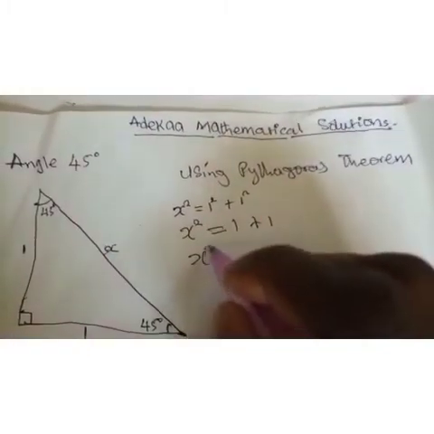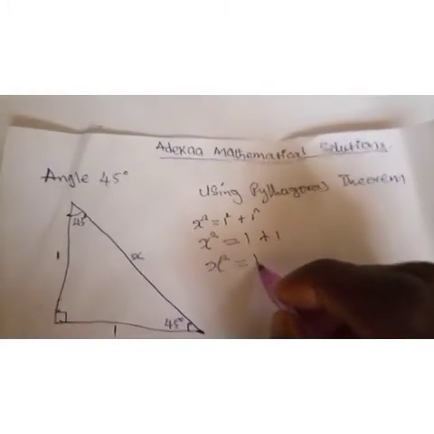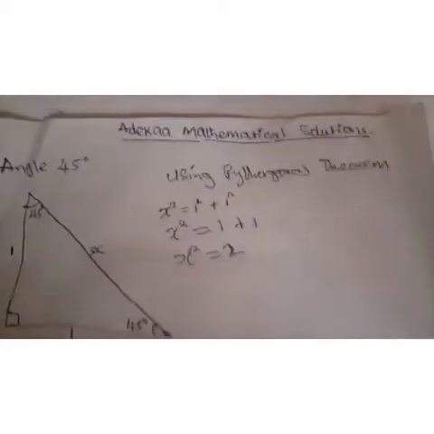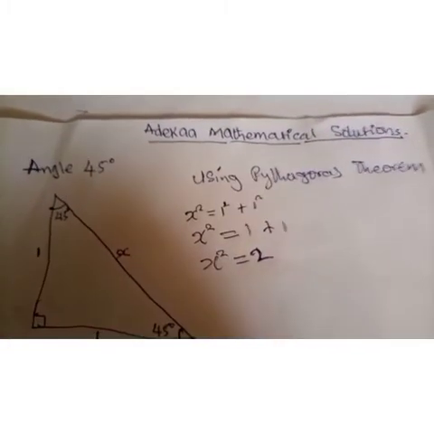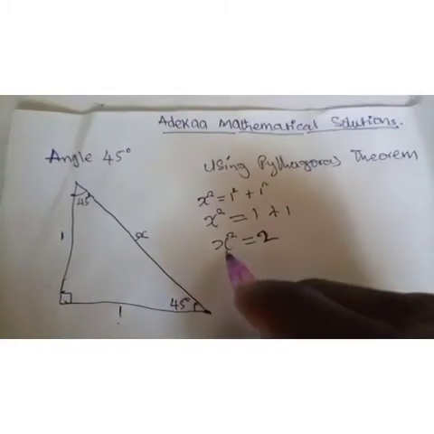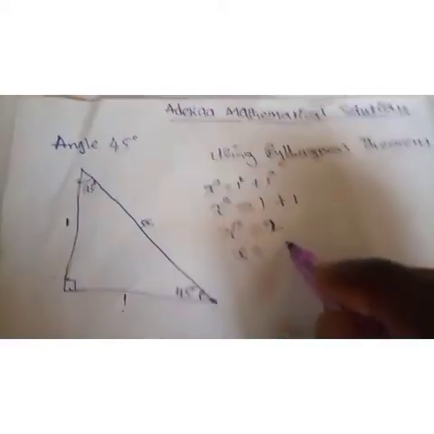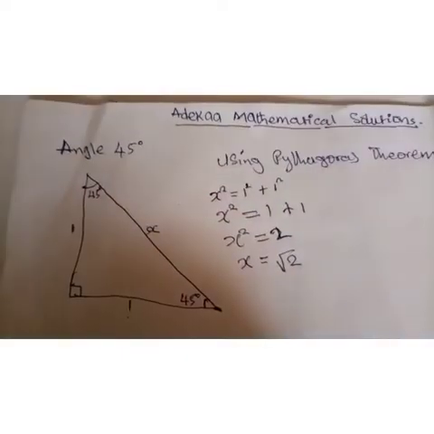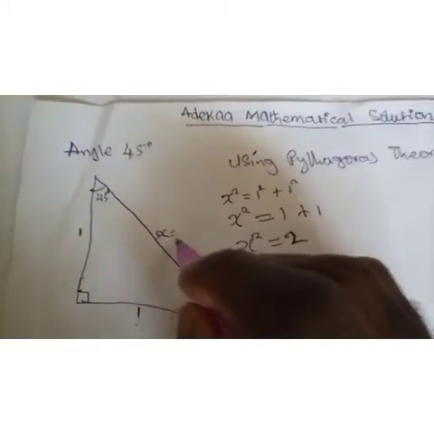So our x square is equal to 2. But we are not looking for x square, we are looking for x. So when you remove the square, you introduce the square root. So our x is equal to square root of 2.